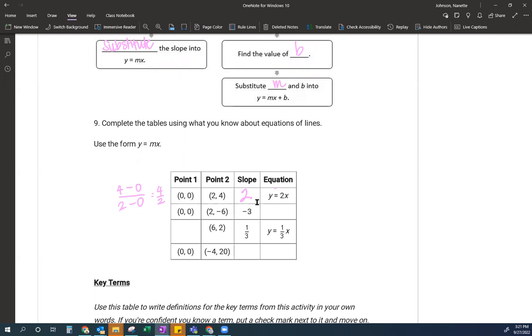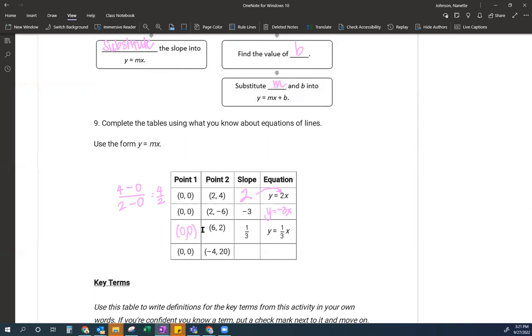See that 2 goes right there? Okay, same thing goes here. So y equals negative 3x, right? That's not a big deal because you just put that negative 3 there. Here, they're saying their slope is 1/3, and there's no plus b here, so that must mean that our other point is 0, 0.